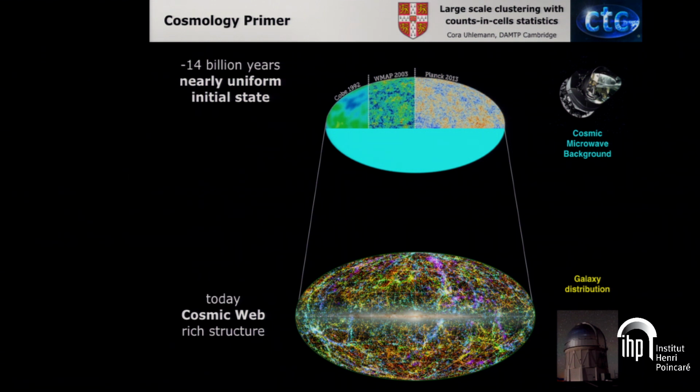Basically, the big question of cosmic structure formation is, how did the universe evolve from a nearly uniform initial state, so a very uniform distribution of densities with very tiny fluctuations, into the rich structure we see in the cosmic web? And of course, the interesting question is also, how do we get those very, very large density contrasts we have around galaxies, like in the halos and the clusters, from tiny fluctuations that are of order 10 to the minus 5?